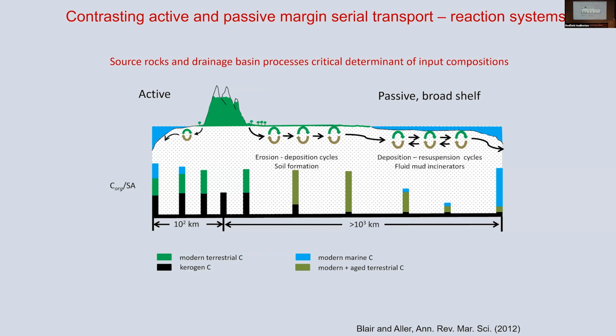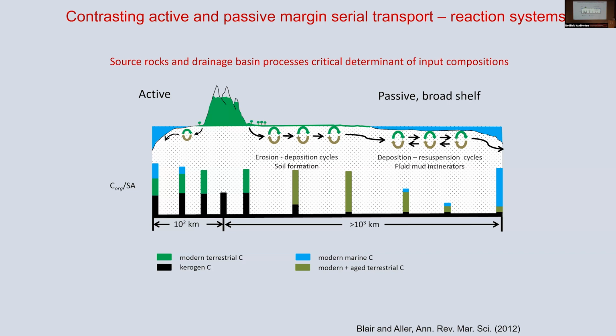This is idealized, obviously, but the transit time from an active margin into the sea is very short, usually a high yield type of drainage basin, and the kind of carbon that enters the sea from this system tends to be older on the average, if you look at the carbon-14, and unreactive compared to what we see on passive margins, where the material sits in drainage basins, gets altered, enters the sea.